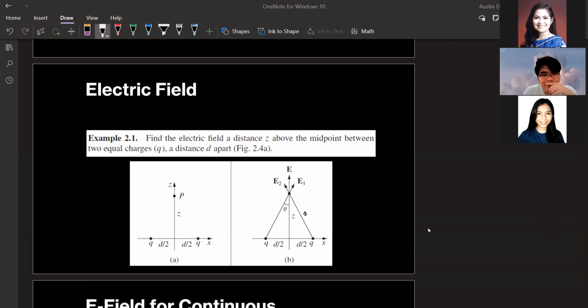Sa tingin mo, saan mo po-point yung electric field after natin ma-solve itong problem natin? Wait lang, sir. Binabasa ko pa yung questions. Sa taas po ba? Okay. Paano yung anong direction ng taas? Ayun, ito may variables tayo. Gamitin natin yung variables. Like nakatutok po sa north. Nakatutok sa north dito. Opo.